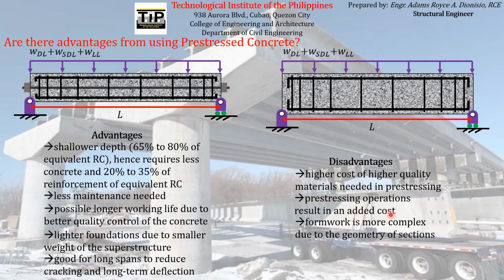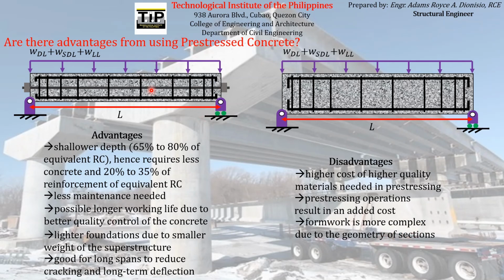Another disadvantage of prestressed concrete is that, unlike reinforced concrete, which normally has simpler cross-sectional geometry, like for example just rectangular or T section, prestressed concrete usually has complex geometry of sections.